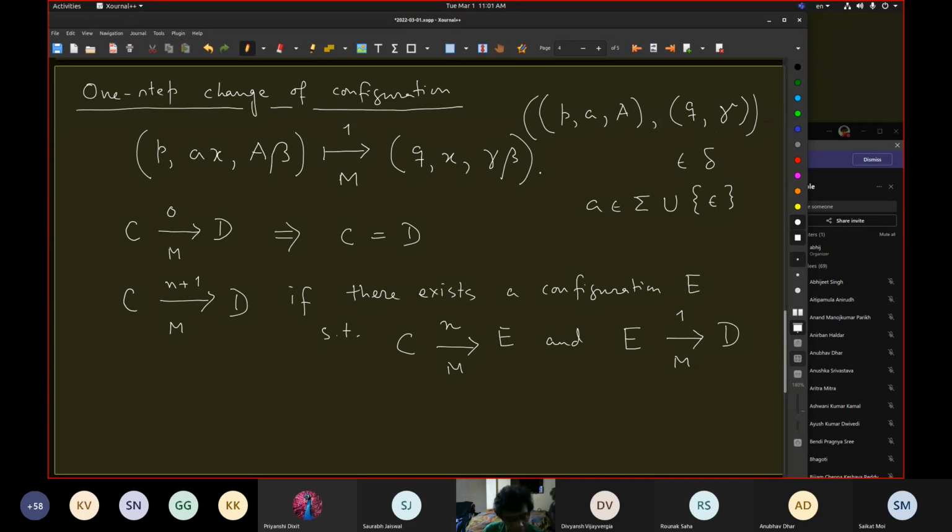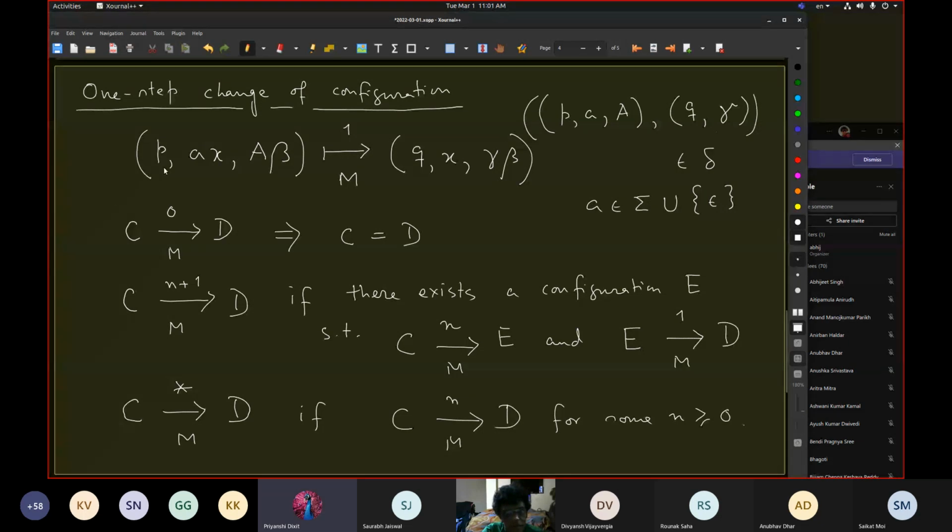And we say that configuration C changes to D in some number of steps if C changes to D in some n steps. Okay, this is just formalizing the notation.